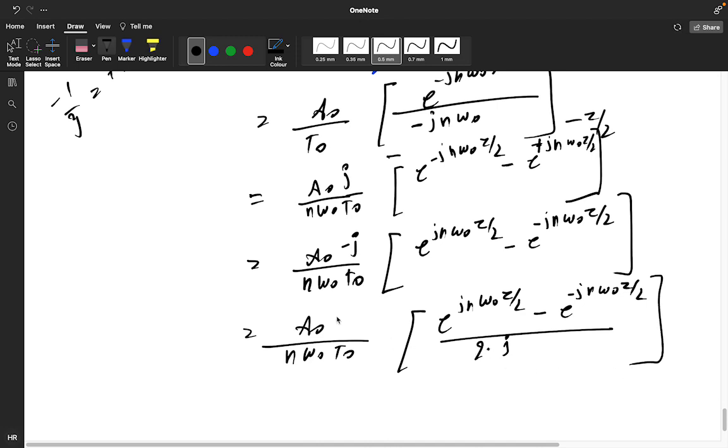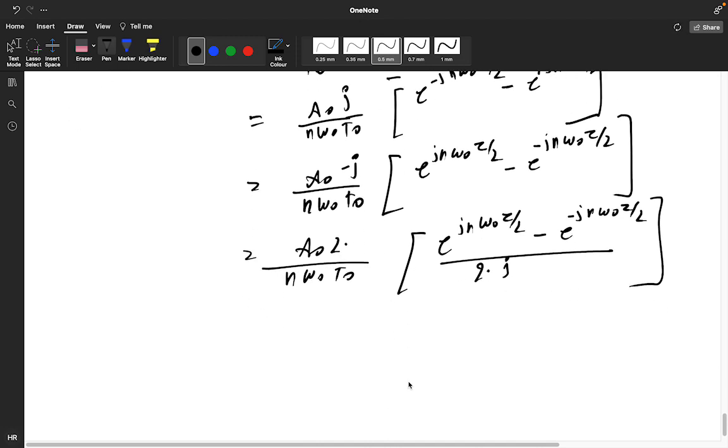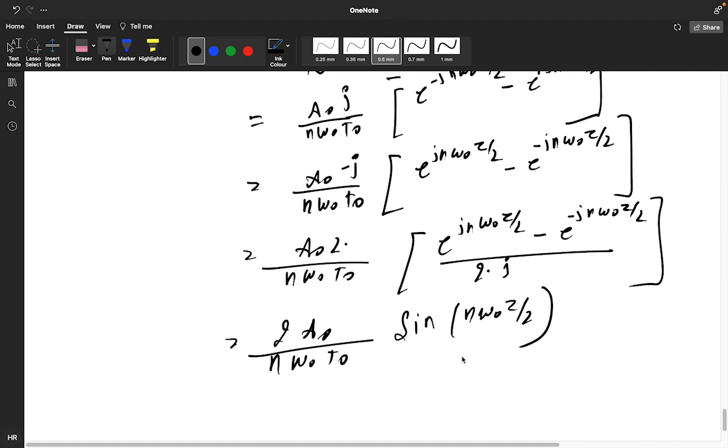2 multiplied here and 2 multiplied here. So we can write it in the form of 2A naught divided by n omega naught T naught, times sine of n omega naught tau by 2. This is sine theta, so this particular part is your theta.